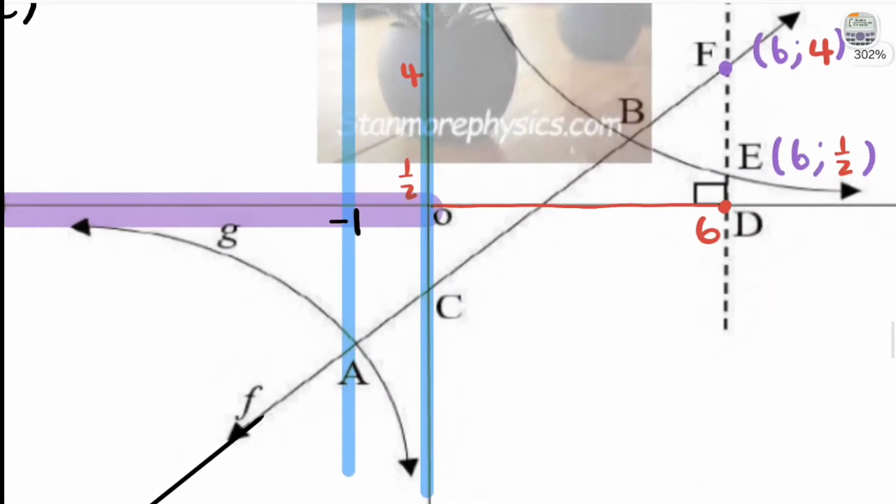So where x is greater than -1, okay, all these places here, this is where the graph of f is always going to be above the graph of g, all of these places. So this is where x is greater than -1 but less than 0.